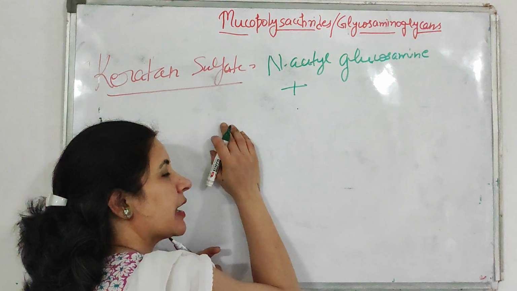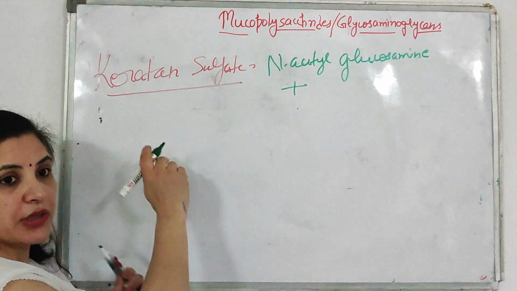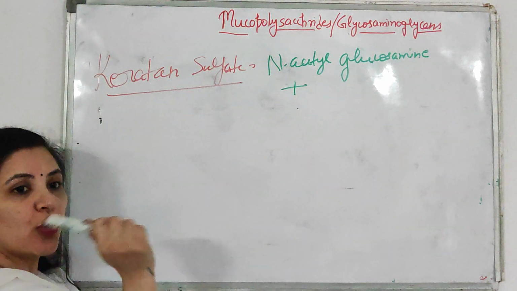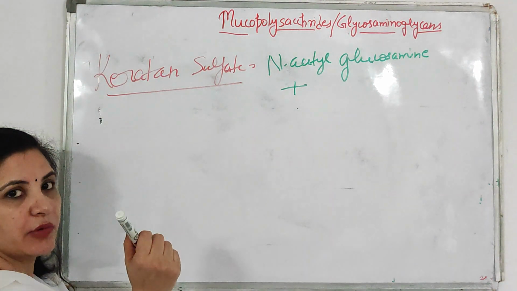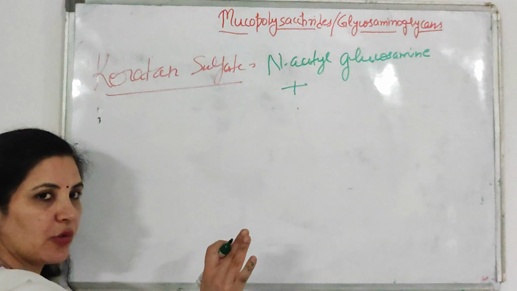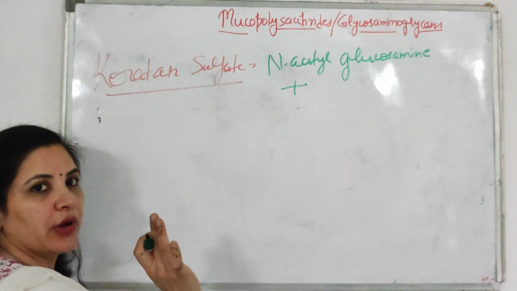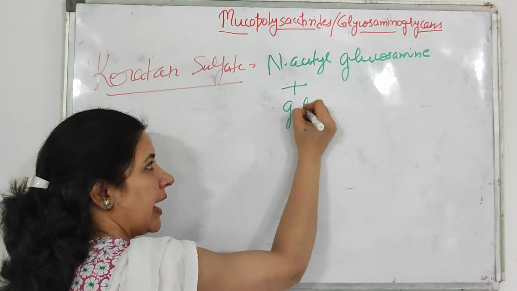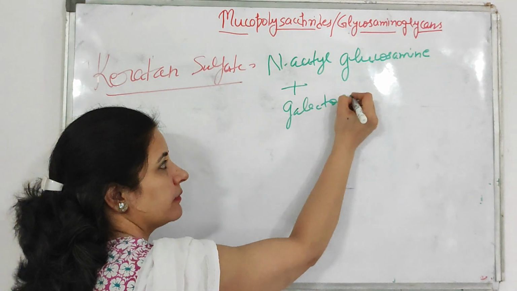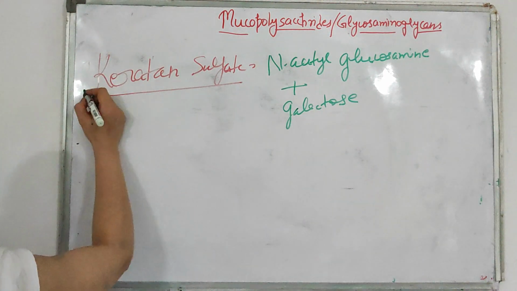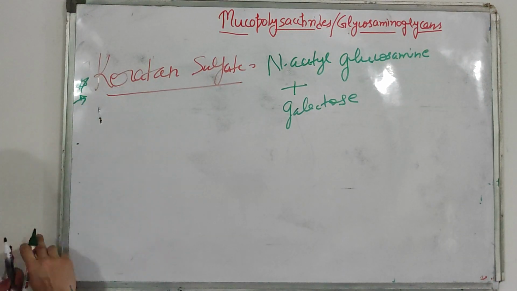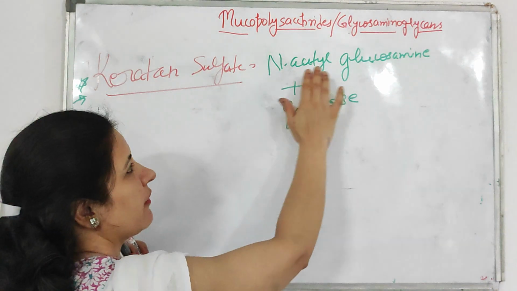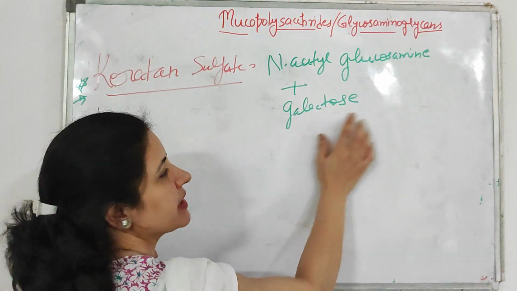And as I told before, this is the exception. This is the only GAG which doesn't have any uronic acid. Neither does it have hyaluronic acid nor glucuronic acid. Besides that, it has galactose in its composition. Okay, so this is the most important MCQ. The composition is N-acetyl glucosamine plus galactose.